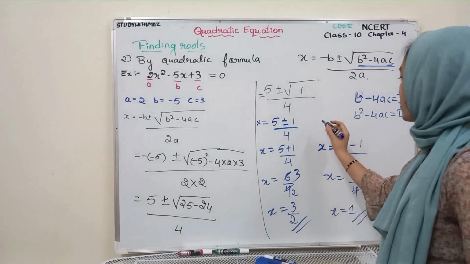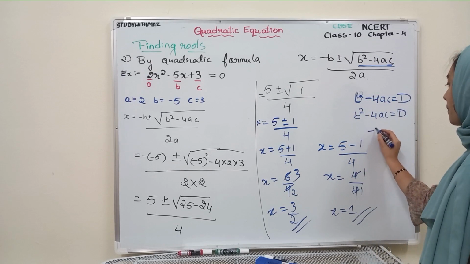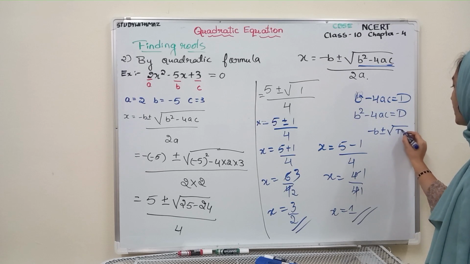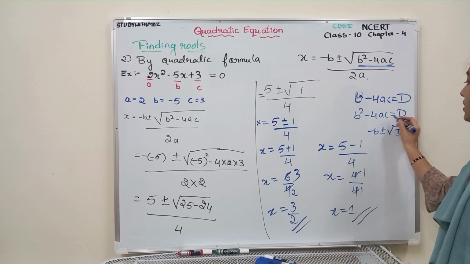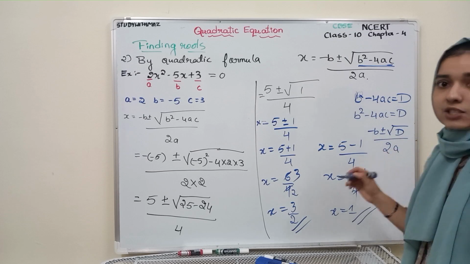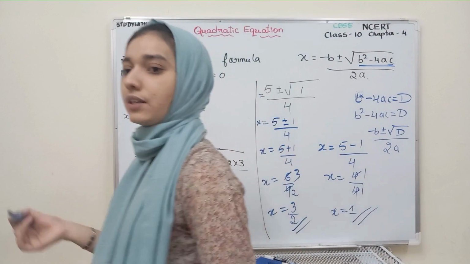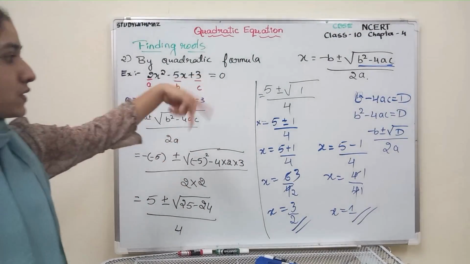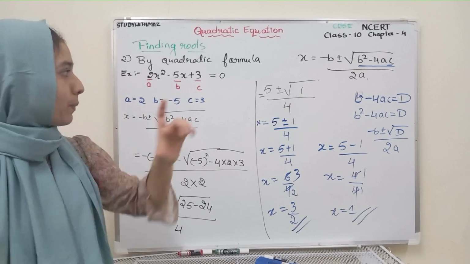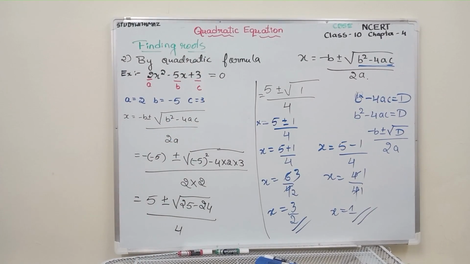So this equation can also be written as minus b plus or minus square root of d, the discriminant, divided by 2a. Like this also we can write. If suppose the discriminant is directly given to you, then easily you can find this. Just note down this. Last one more method is there. I will explain that.